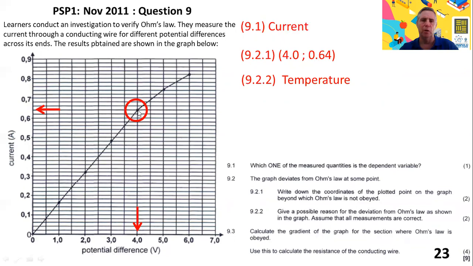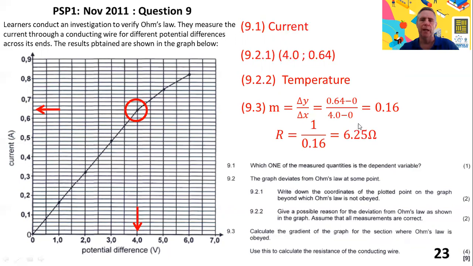We already know the coordinates of that point, and that will make it easy for us because delta y is just from 0.64 down to 0, and delta x is from 4 down to 0. So it's very easy. The gradient is 0.16, so therefore R is 1 over the gradient, which is 6.25 ohms.